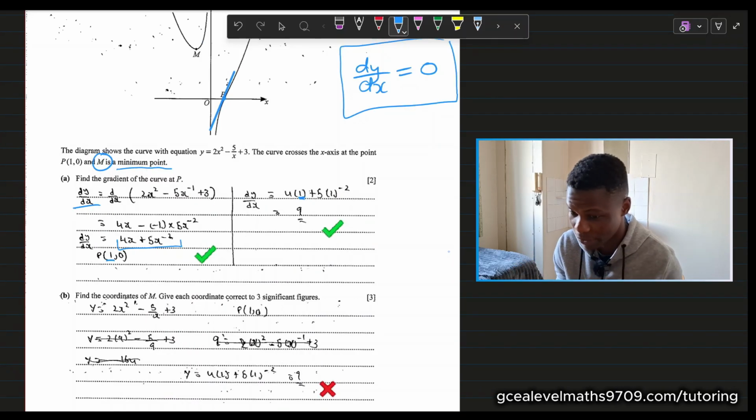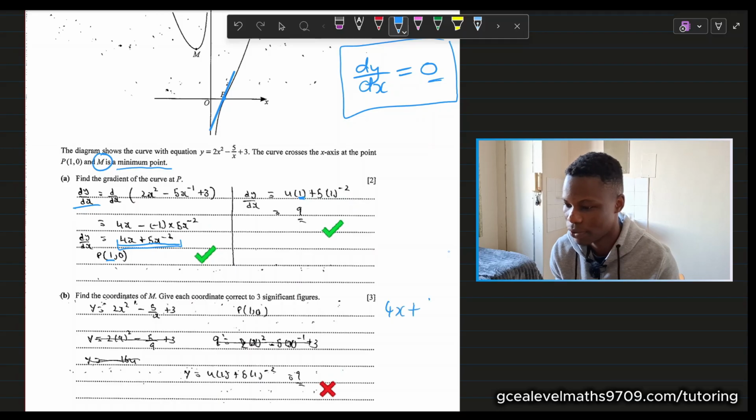So simply what you have to do in a case like this is you're just going to take your dy dx, which is our 4x plus 5x to the negative 2, and then you equate that to 0. And you solve the resulting equation. So you're going to have 4x plus 5 over x squared is equal to 0. I've written the 5x to the negative 2 as 5 over x squared, right?